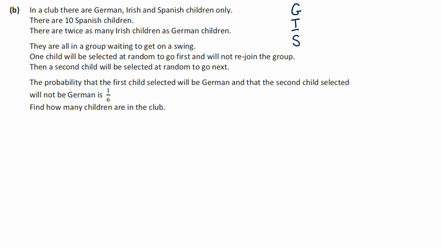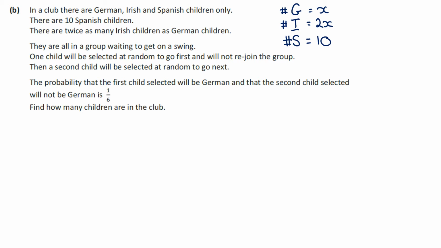So the cardinal number of Spanish students is 10. There are twice as many Irish children as German children. So we can say the cardinal number of German children is some unknown, I'm going to say x. Therefore, Irish has twice as many children, so Irish has 2x.